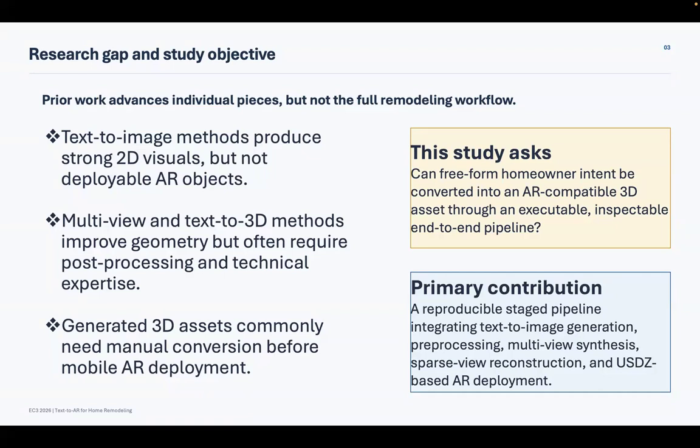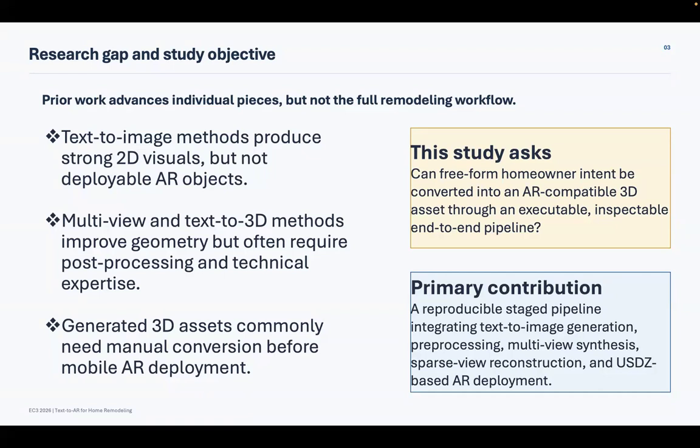However, these capabilities are frequently investigated as separate stages, never put together and investigated specifically in the lines of homeowner to contractor communication. Many generated three-dimensional assets still require technical post-processing, mesh correction, format correction, manual preparation, and all of that before they can be viewed in an AR environment.